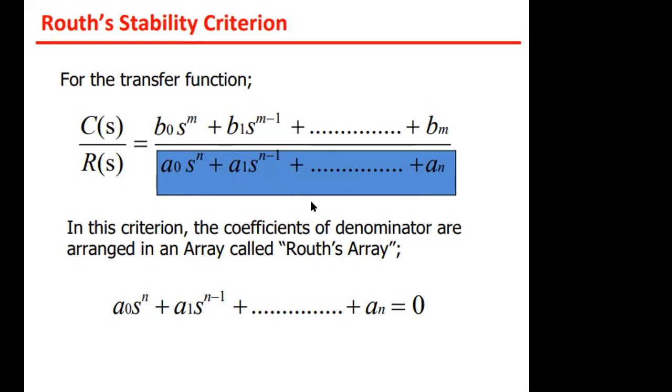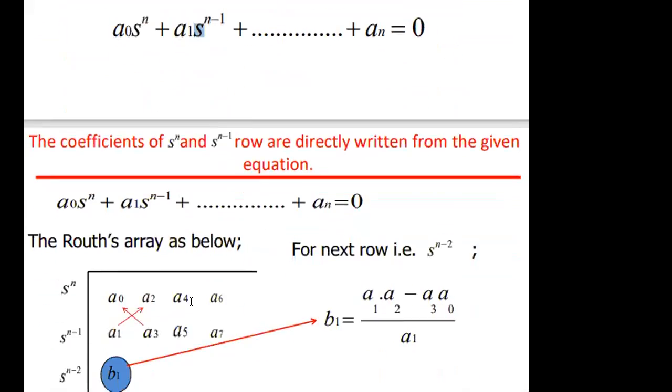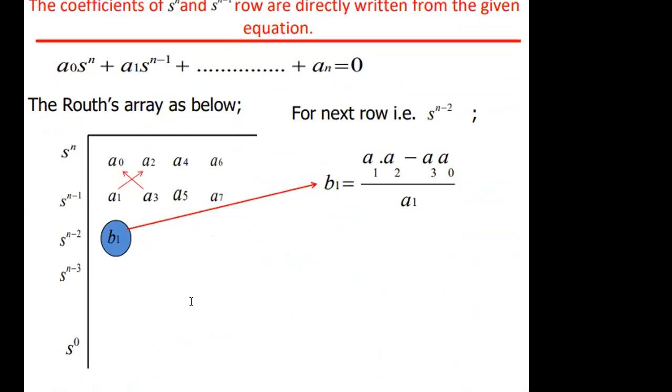The first two rows, the coefficients of S power n and S power n minus 1, are written directly from the given equation.